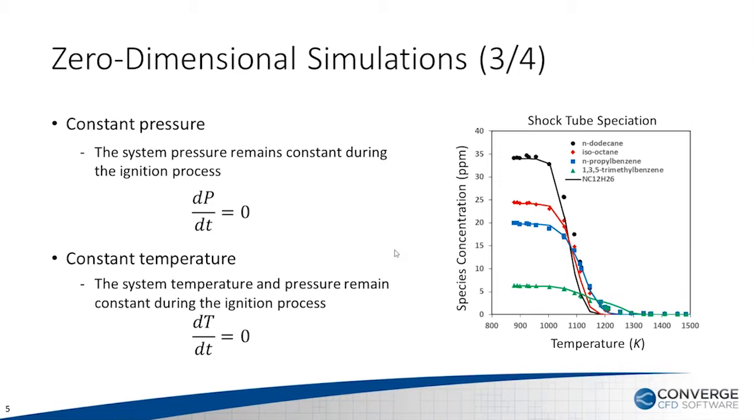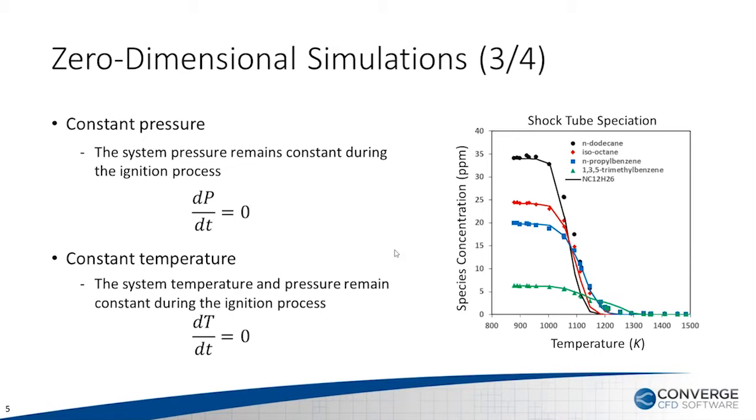Similar to constant volume are constant pressure and constant temperature. For a constant pressure reactor, the pressure stays constant during the ignition process, and for constant temperature, the temperature stays constant. So the pressure and density vary during the combustion. On the right is a shock tube simulation.